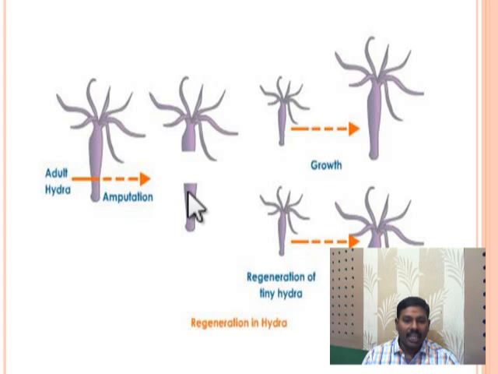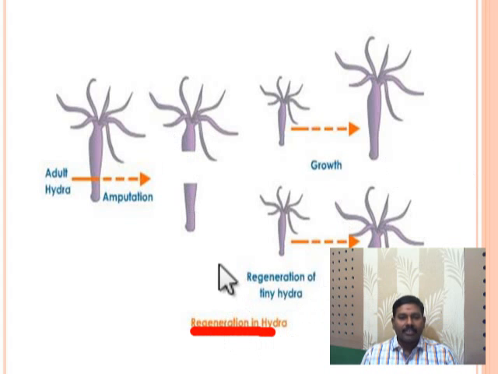And more than that, they have nerve cells, but there is no brain or nervous system. The nerve cells are there, which help them for this regeneration capacity in Hydra.